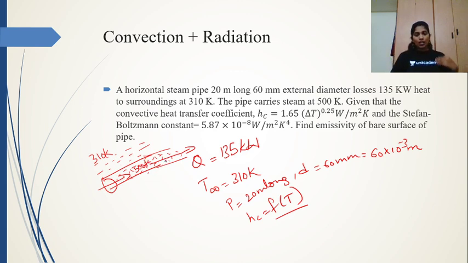So as the steam is at 500 Kelvin, you can say that the process is a convection process and radiation also, because here we are having a huge temperature difference, like the steam we are carrying is at a very high temperature, right? So at very high temperatures, the heat transfer process can be called radiation.